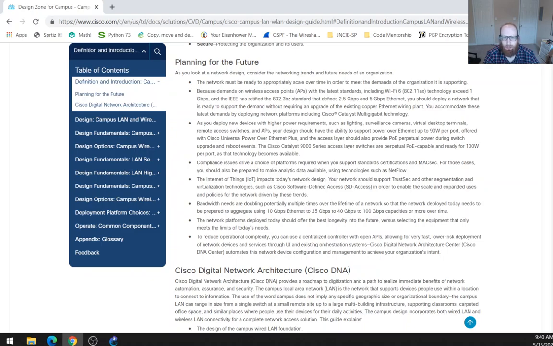You should deploy a network that is ready to support the demand without requiring an upgrade of the existing copper wiring plant. You accommodate these latest demands by deploying network platforms, including Cisco Catalyst multi-gigabit technology.